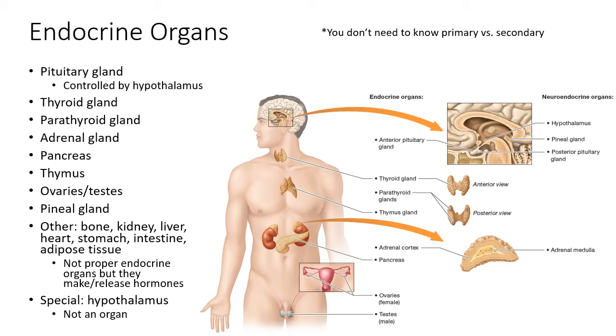There's a little bit of debate on which organs should be part of the endocrine system. These are the organs that are counted as part of the endocrine system by the textbook. And of course, for some of them, there's no debate at all. So the pituitary gland is found at the base of the brain, just beneath the hypothalamus, right there.